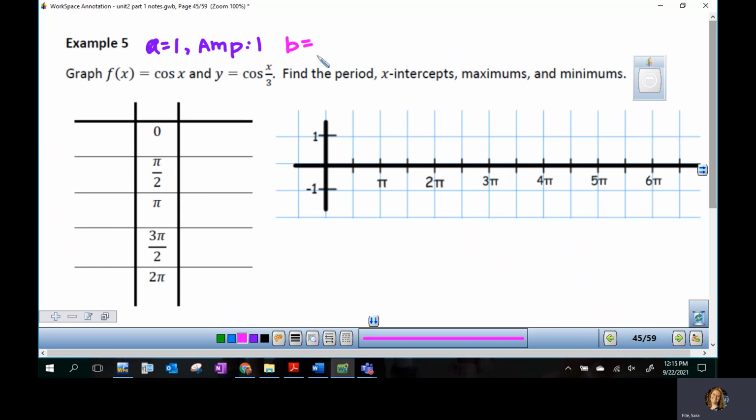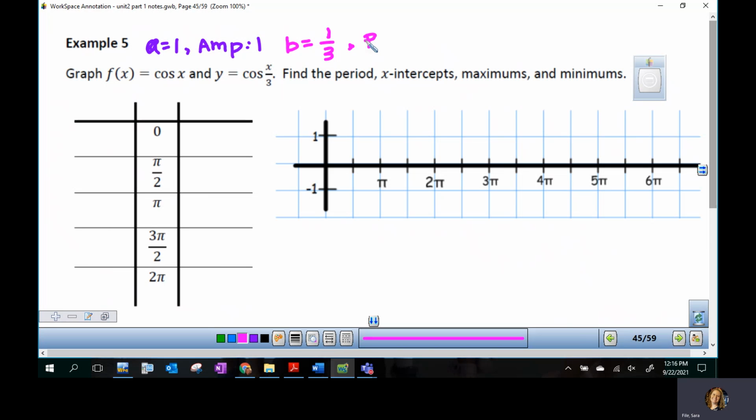If it was just 3, it would just say 3x. Because it's x over 3, the b is 1/3. There's an understood 1 here in front of the x. So this is 1 over 3 times x. Good. Does that make sense? B is 1/3.